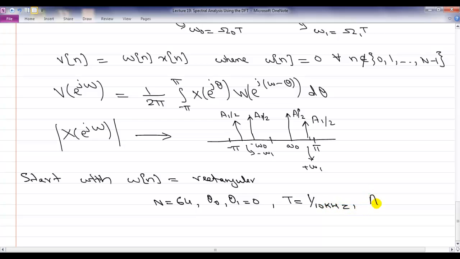Let's assume that the first cosine has a higher amplitude, whereas the second cosine has an amplitude of 0.75. Then let's look at what V of e to the j omega looks like in that case.